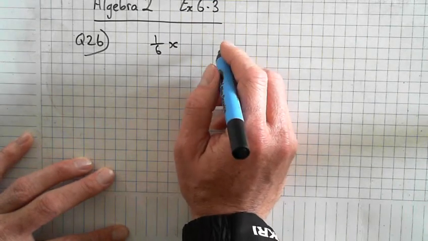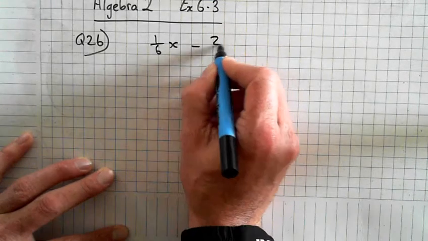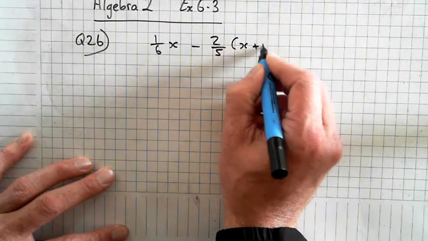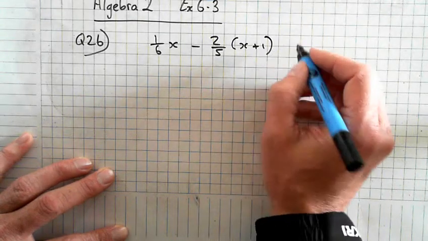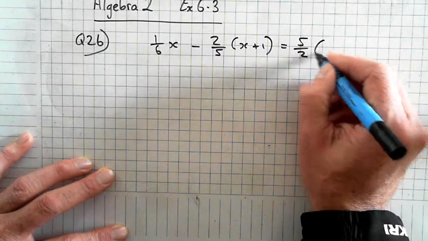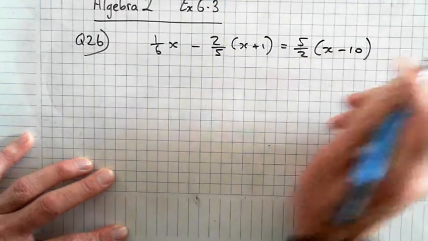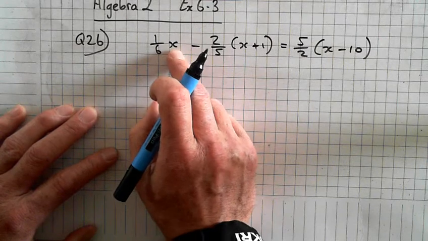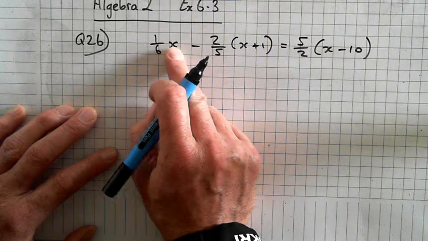One over 6x minus 2 over 5 x plus 1. Alright, so what do I do with the 1 that is on top? Well, I change x into a fraction really, that's what I'm doing.